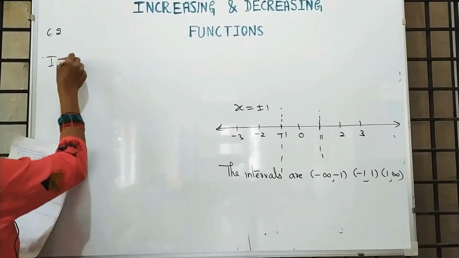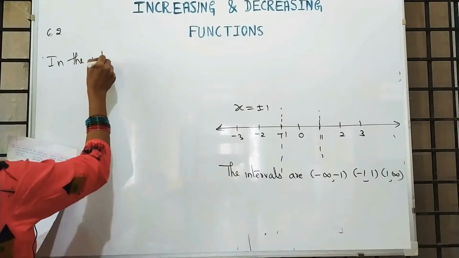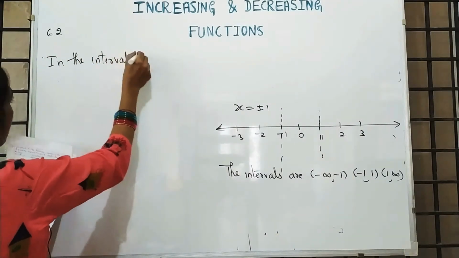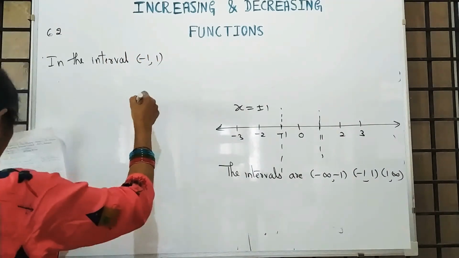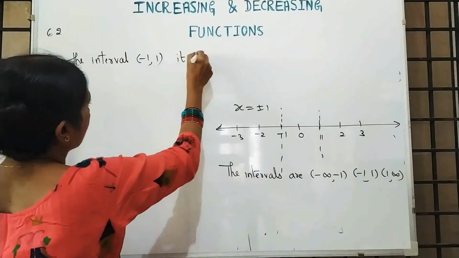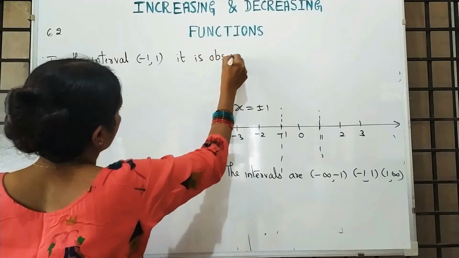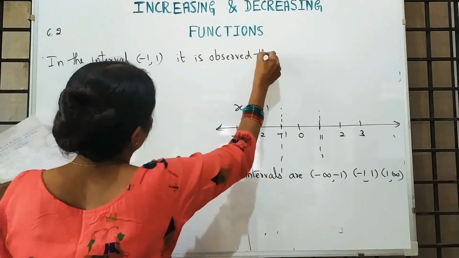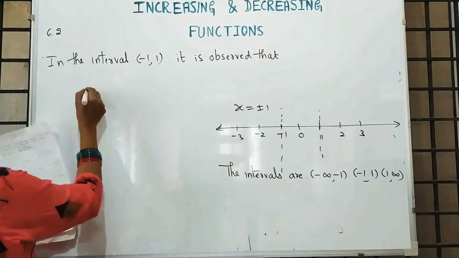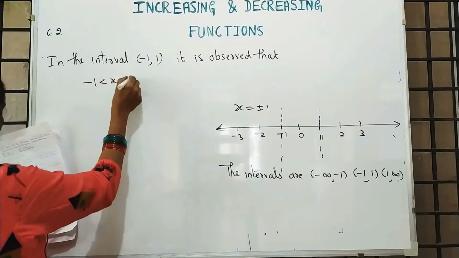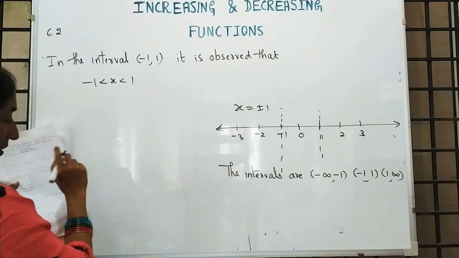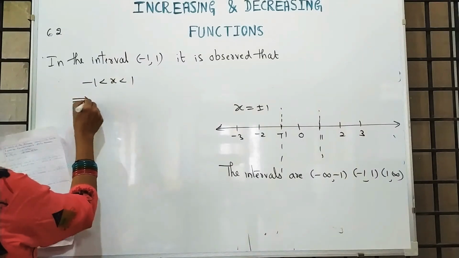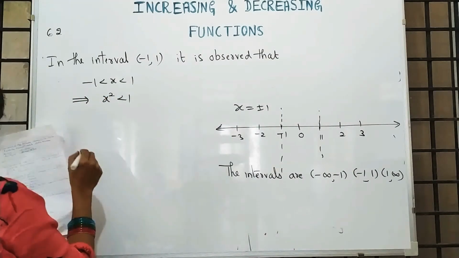In the interval minus 1 to 1, it is observed that x is lying between minus 1 to plus 1, x square is less than 1, correct or what?